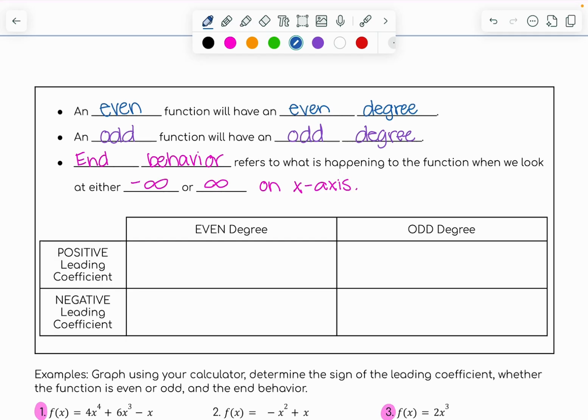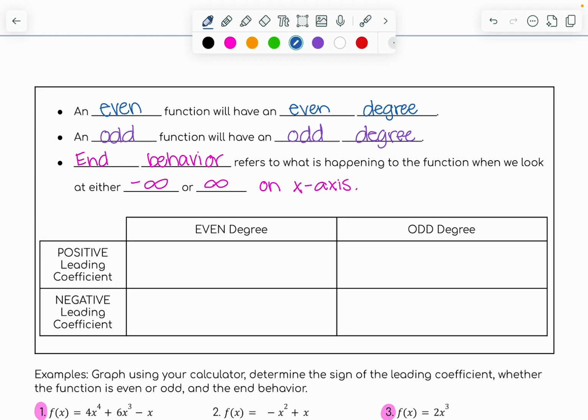So this little chart down here, we're going to build our own little chart to tell us about the end behavior of even and odd functions. And more specifically, you'll notice that I've got an even degree and an odd degree. But then I've also got this other section of the chart where we have a positive leading coefficient versus a negative leading coefficient.